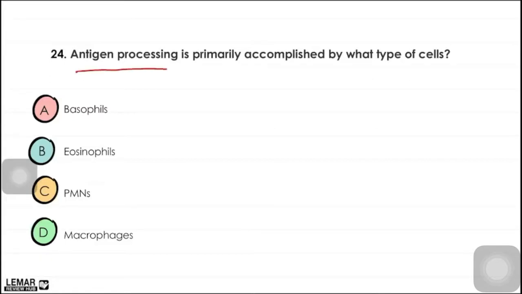So, let's define first the antigen presenting cells. What is antigen processing? In antigen processing, you need antigen presenting cells, or APCs. Your APCs are a group of functionally defined cells capable of taking up antigens.